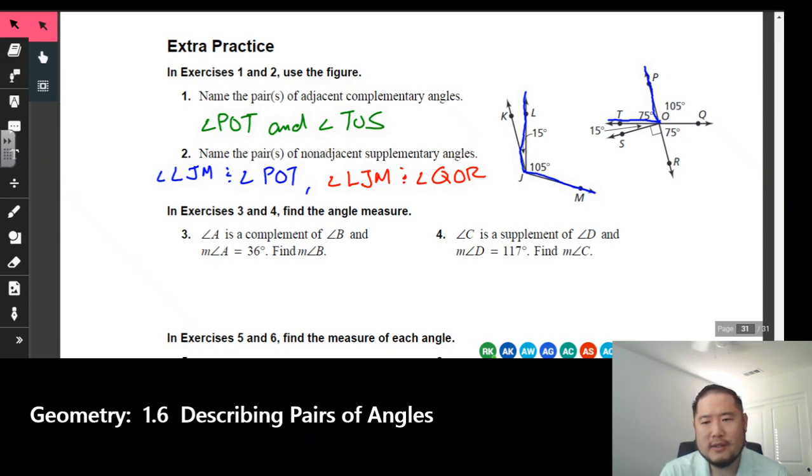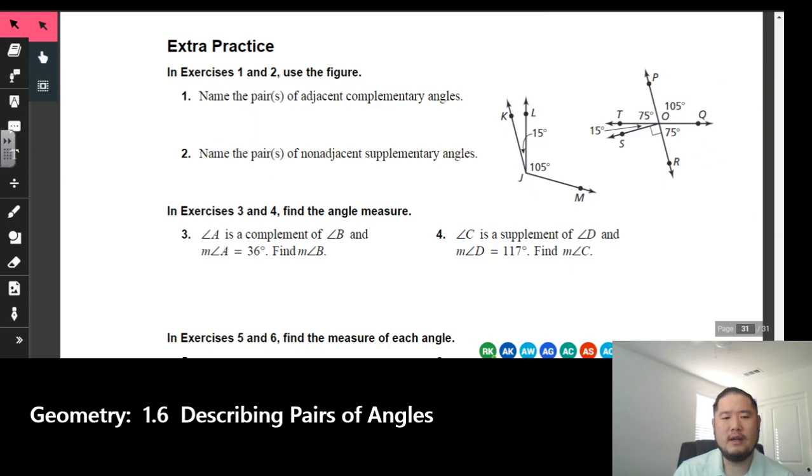Maybe I'll give you a moment, see if there's something that you can find. The last one, which would be a hard one, would be angle KJL and angle SOQ. Because if you look right here at angle SOQ, 90 plus 75, that's 165. Angle KJL is 15, so that works as well.